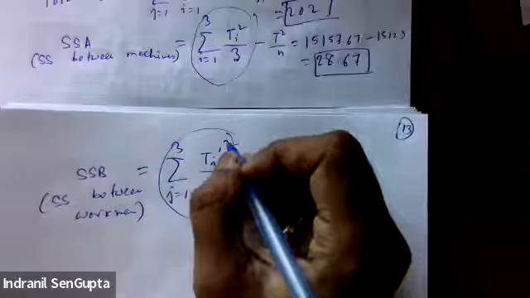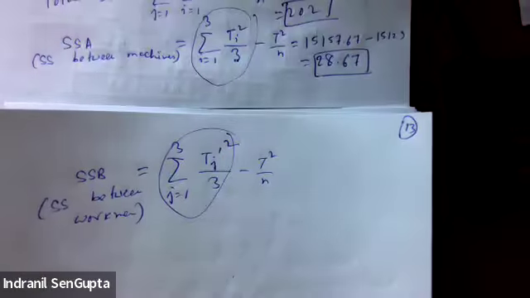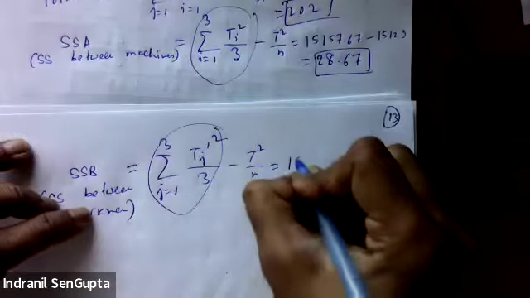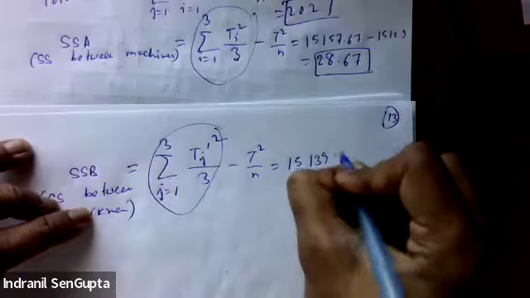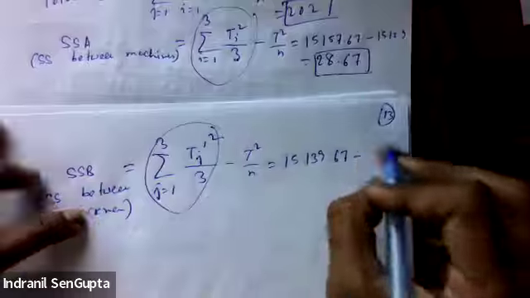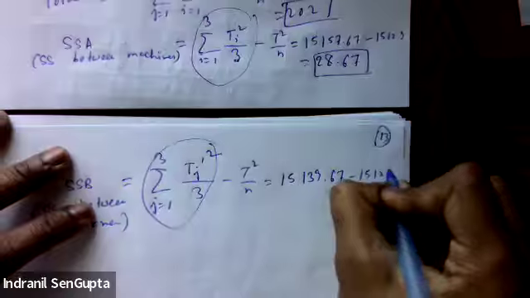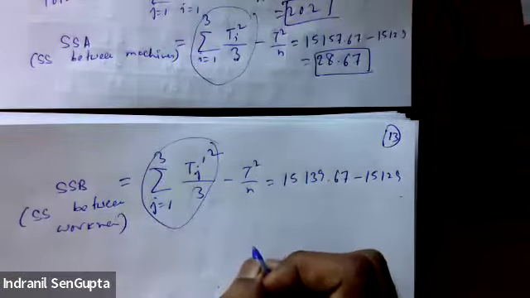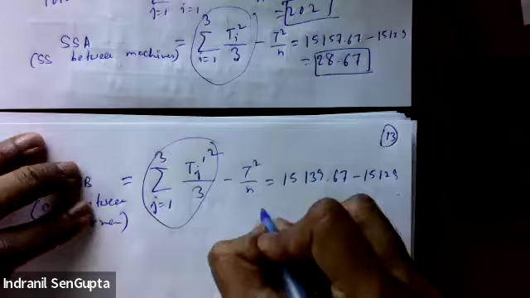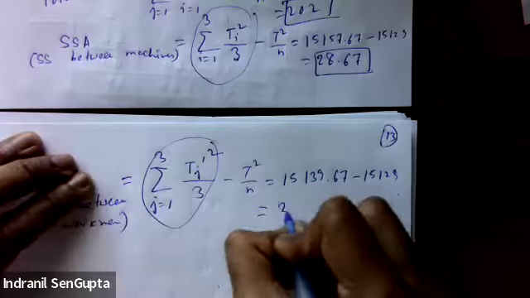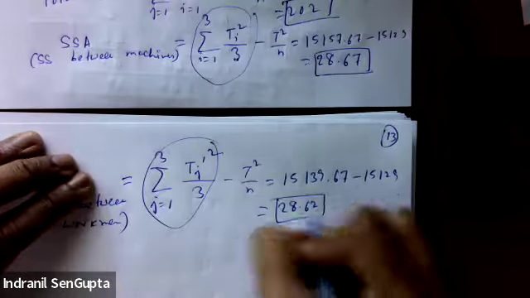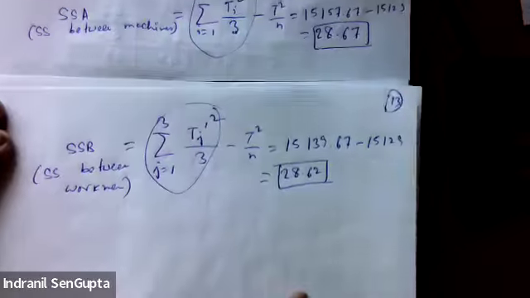If you compute this quantity, this is going to be 15139.67 minus, as before, 15129. If you compute this, it's 28.62. So that is SSB.